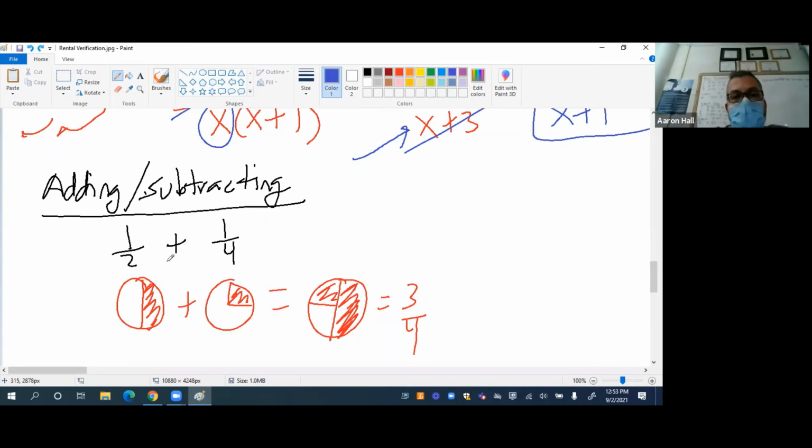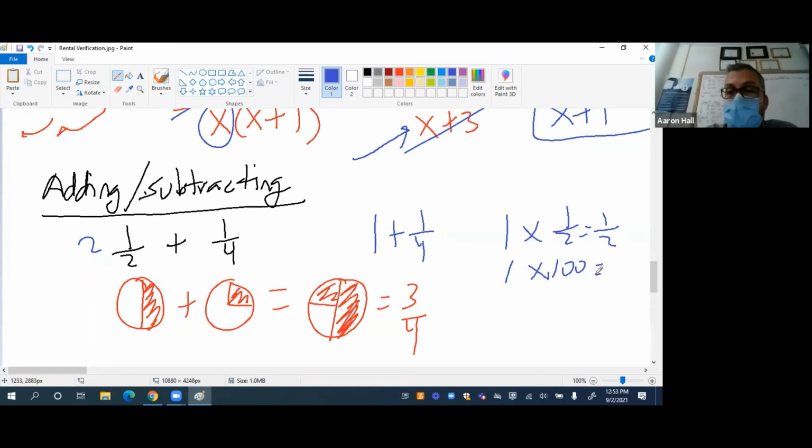How do we do it algebraically? When we add or subtract fractions, we have to have a common denominator. So I'm going to multiply by what? We're going to multiply by 2. Yeah, we're going to multiply by 1, because the cool thing about multiplying by 1 is nothing changes, right?